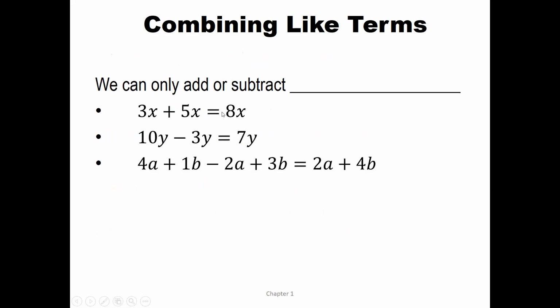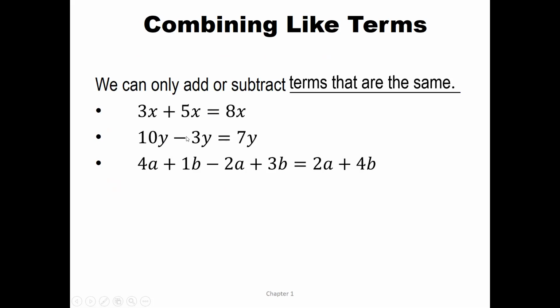Let's go down. We can only add or subtract like terms, terms that are the same. So what we do for something like this is we're adding and subtracting the numerical coefficients. 3x plus 5x is 8x.